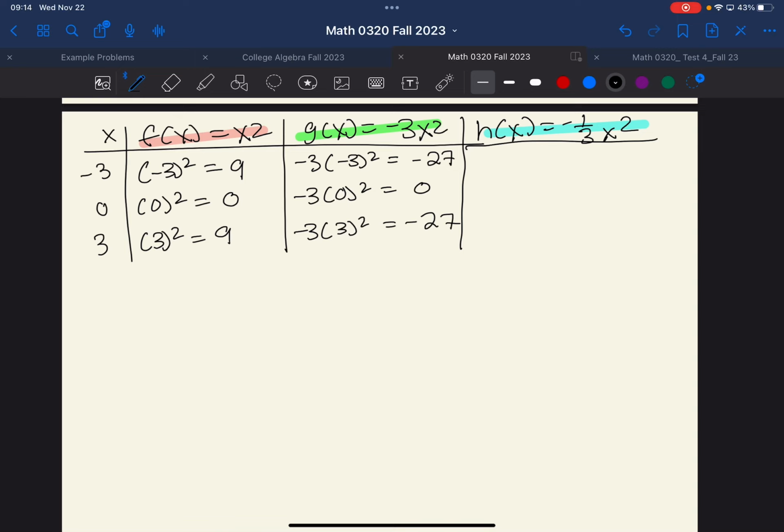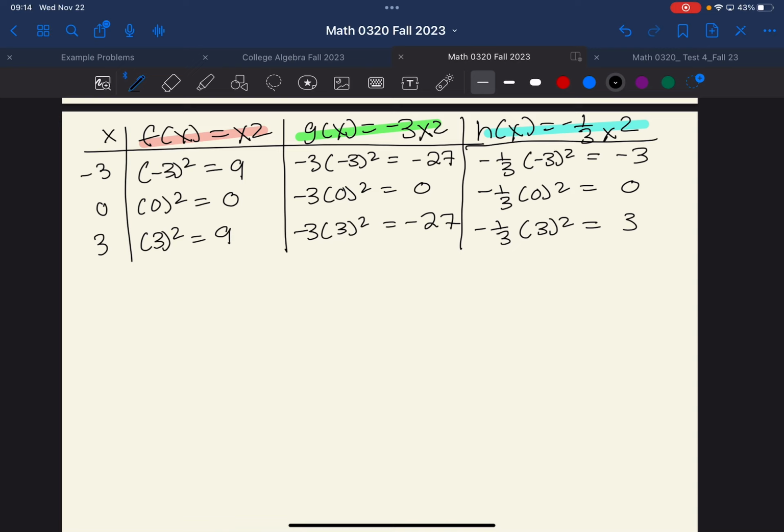And then the opposite's going to happen for my h of x. My parent function values are going to be divided by a negative 3. So negative 1/3 times negative 3 squared is equal to negative 3. Negative 1/3 times 0 squared is 0. And negative 1/3 times 3 squared is positive 3.